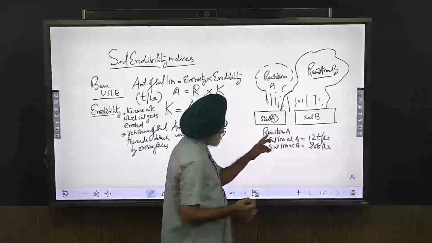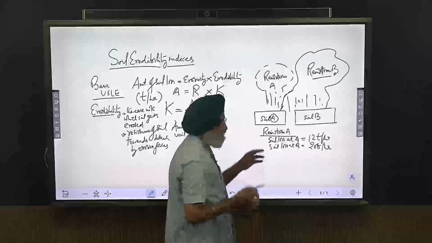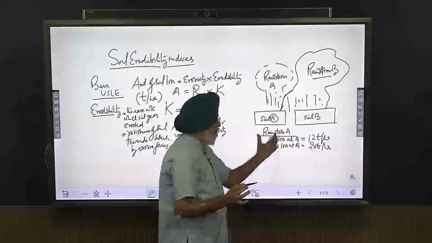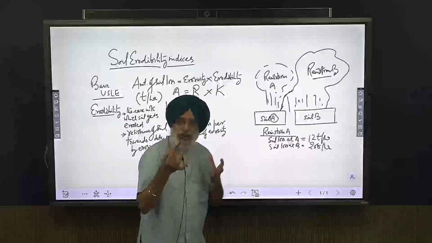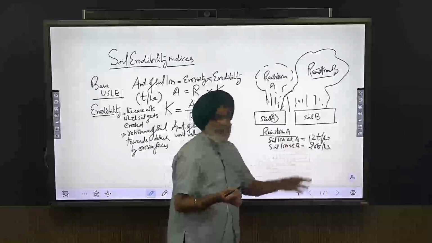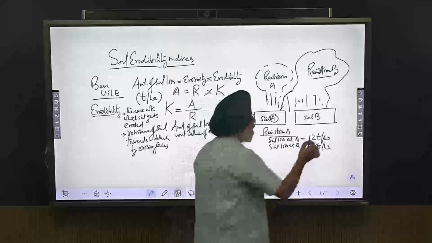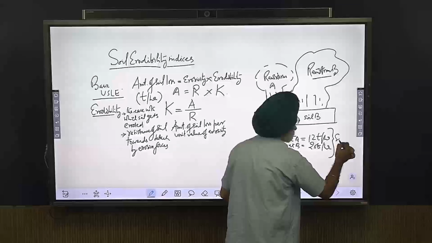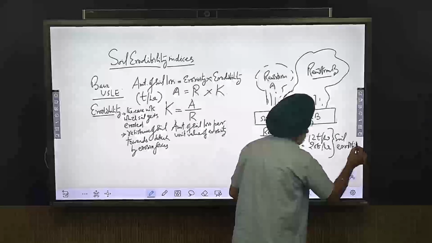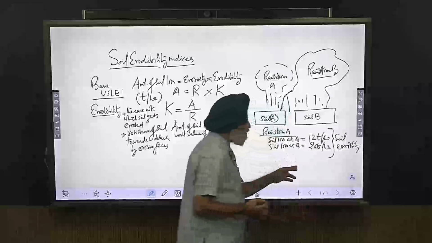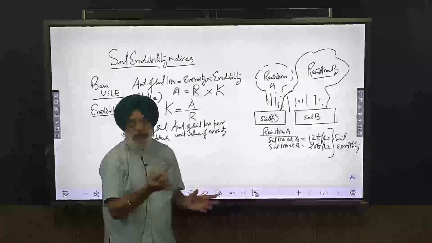Now, you have rainstorm A, same rainstorm falling on two different soils leading to different soil erosion rates. This is what we call soil erodibility. So, this is because of soil erodibility. That means, soil B is more erodible than soil A.